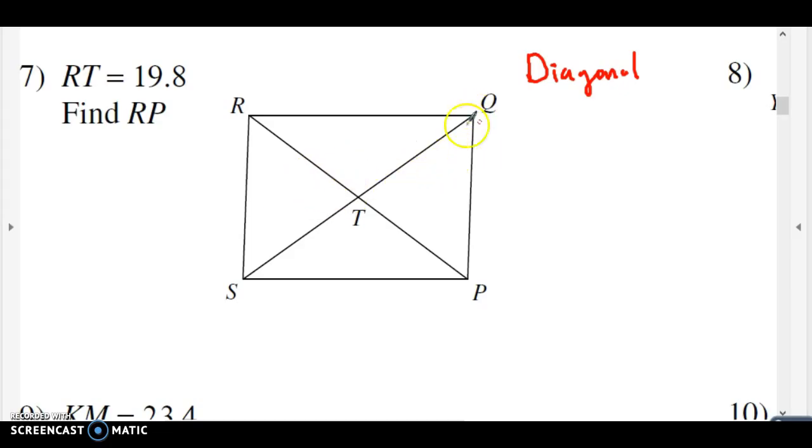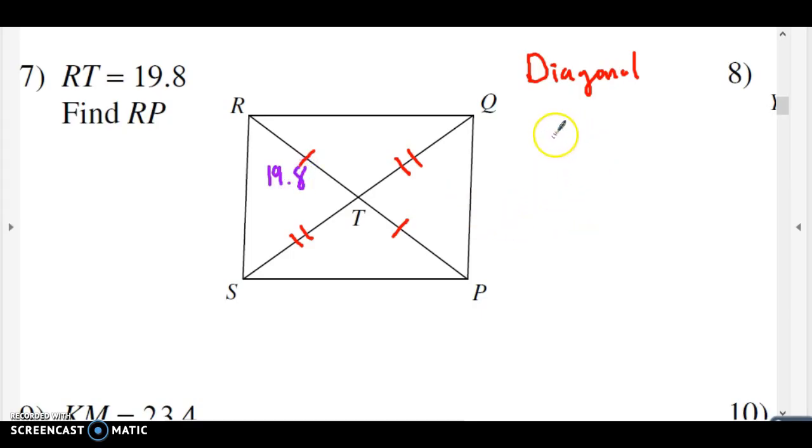In fact, we know that they bisect each other. Namely, we know this to be true. Now, we might not use all of that information, but it's better to write it down than not. So let's fill in our diagram. We know that RT is 19 8/10.